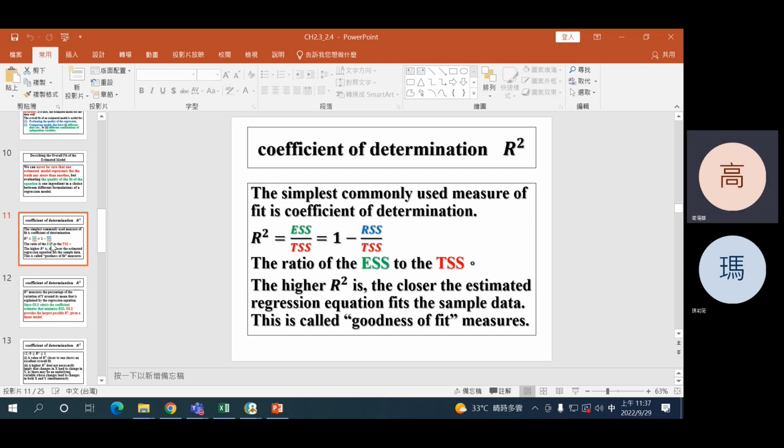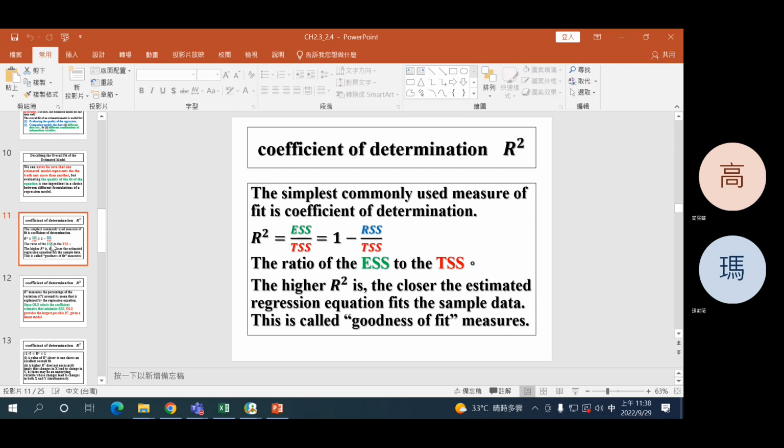Remember, all the variation of the y can be expressed as the TSS, and it can be decomposed into the ESS and the RSS. So what is R squared? R squared is ESS divided by TSS.